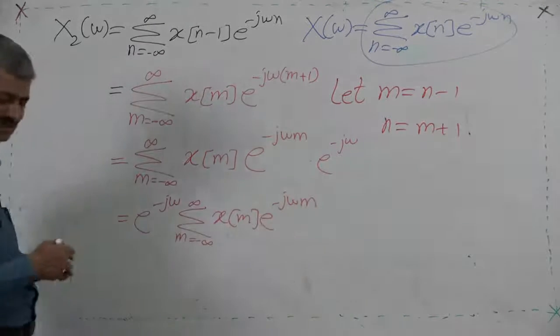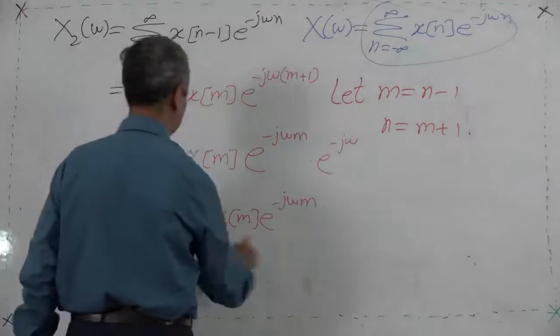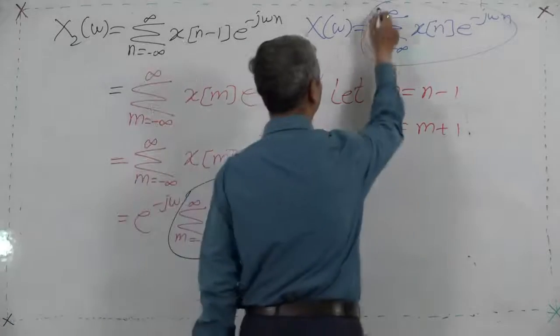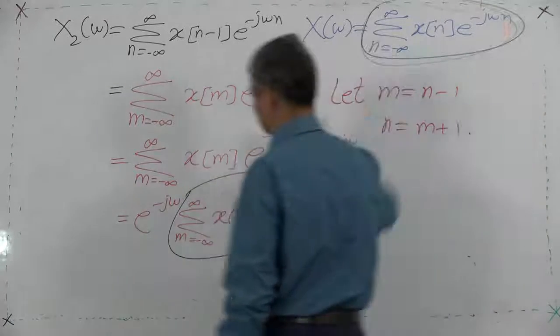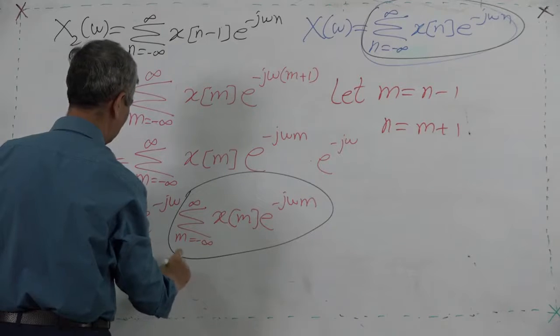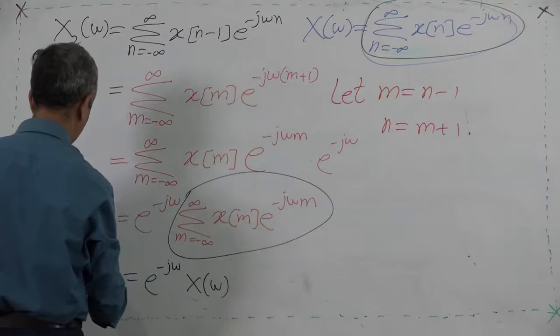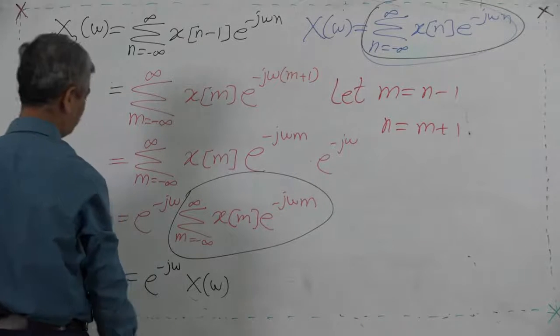And now you look at this summation. This summation is exactly what we have here. So, this is nothing but e raised to minus j omega X(omega). So, X2(omega) is this.